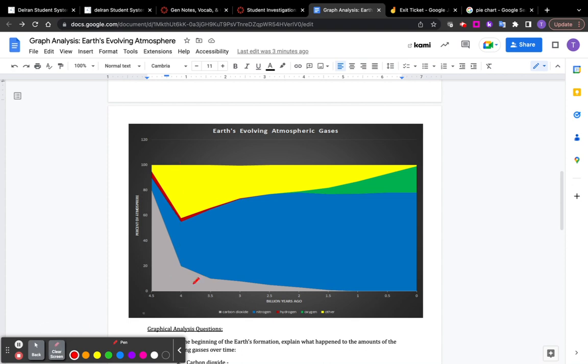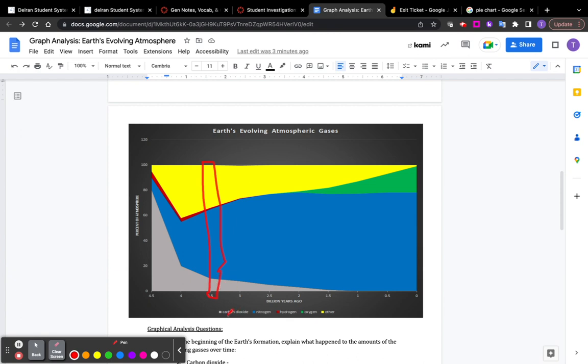Okay? So I'm going to help you with this. Let's say we're going to 3.5 billion years ago. I know that's not perfectly straight, but this is just for an example. So if I wanted you to tell me what the percentages of each gas in the atmosphere were 3.5 billion years ago, first, you start at the bottom.